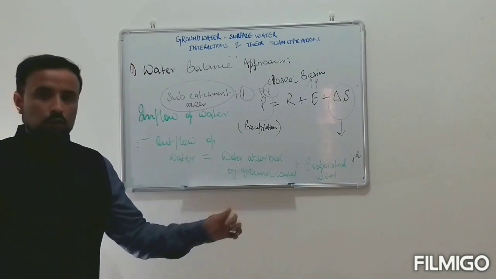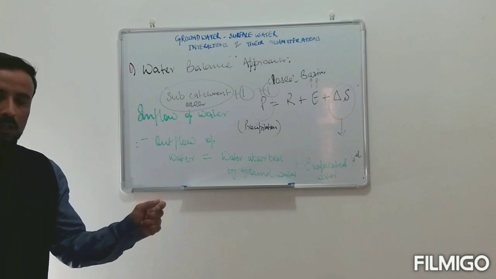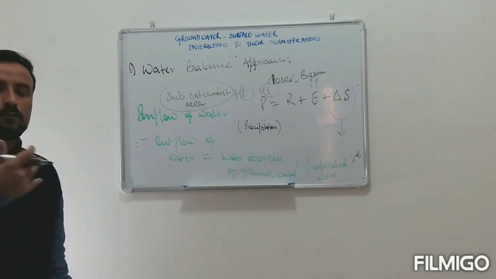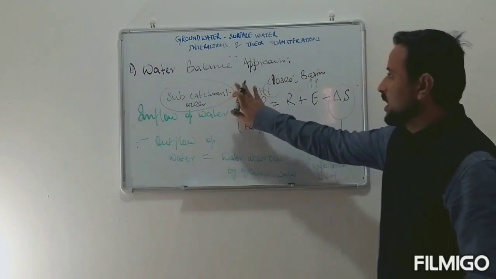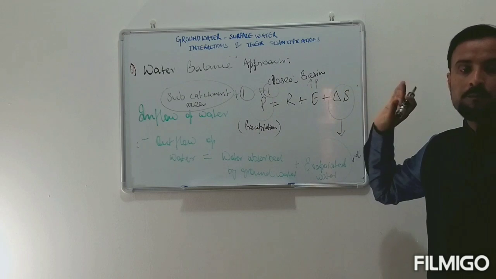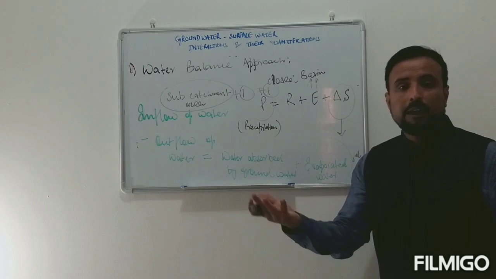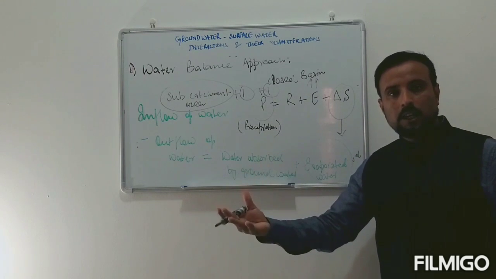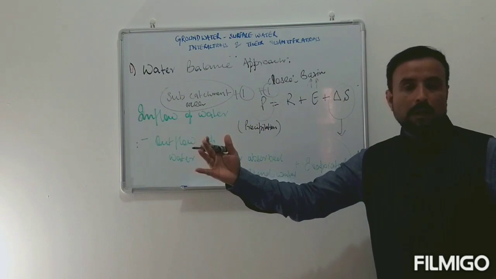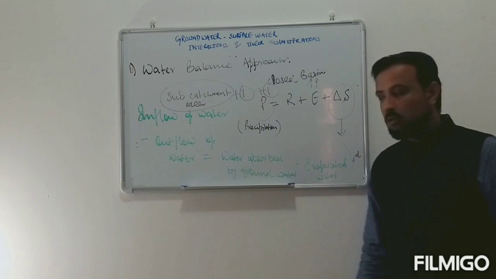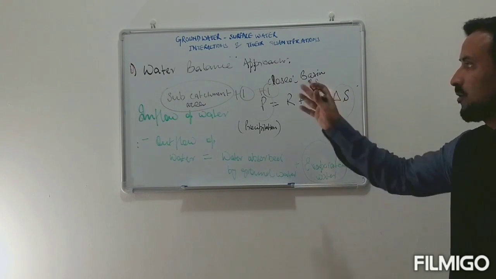In a particular area, small sub-catchment areas are made, and they are cumulatively studied to understand how inflow of water is happening and how much water is getting lost from there. This is the basic idea about the water balance approach, in which it is said that water that comes into a system cannot vanish. In some form it is there, whether in evaporated form or absorbed by the ground. So inflow of water minus outflow of water is equal to water absorbed by ground plus evaporated water. This also should be considered for the water balance approach.